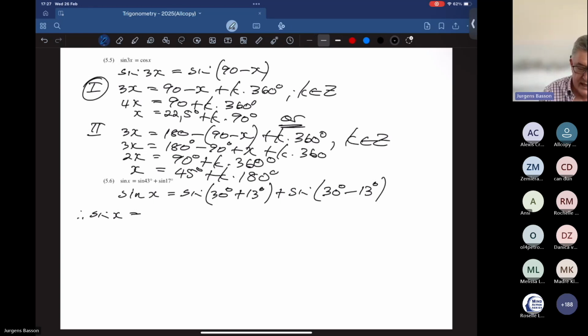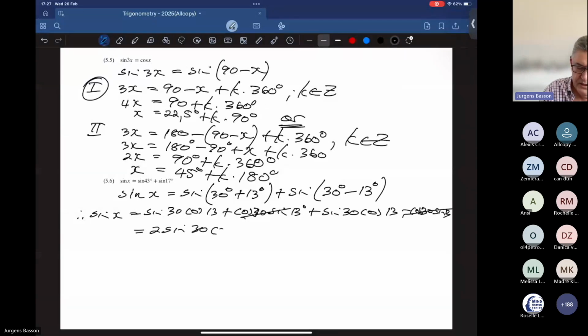So I will get sine 30 cos 13 plus cos 30 sine 13, plus sine 30 cos 13 minus cos 30 sine 13. This one and this one will cancel, and you end up with 2 sine 30 cos 13. And that is sine x.